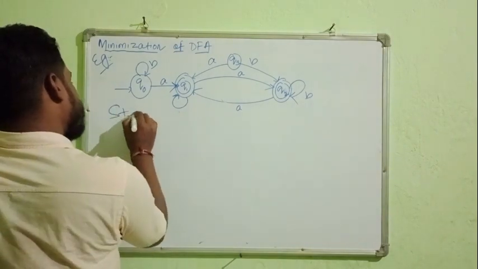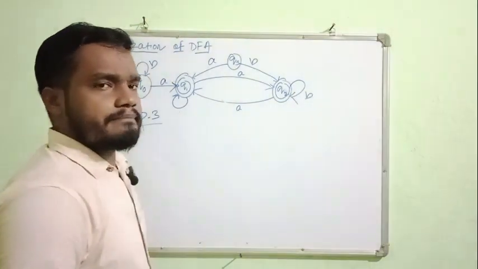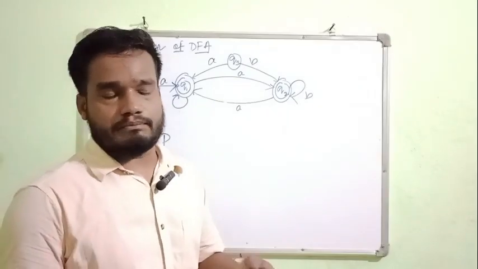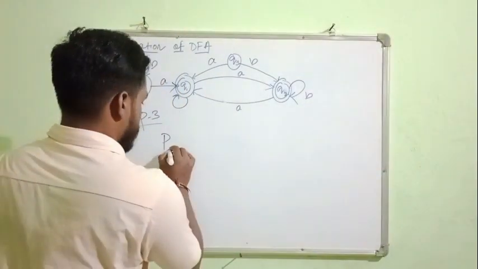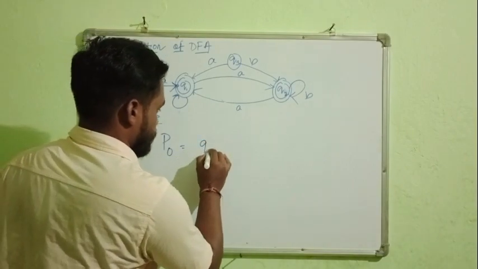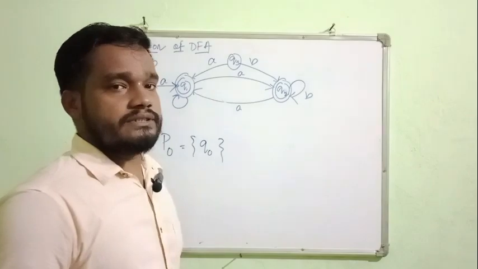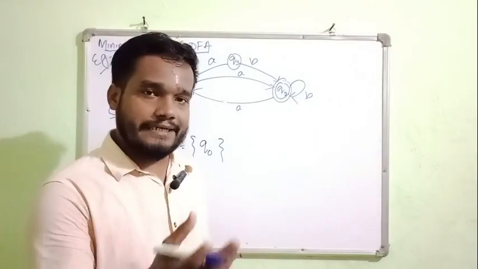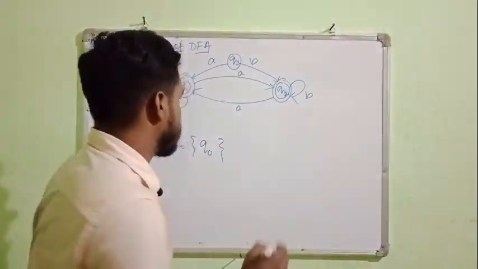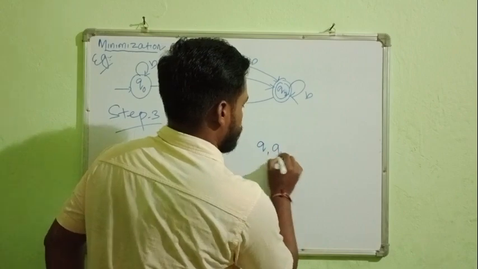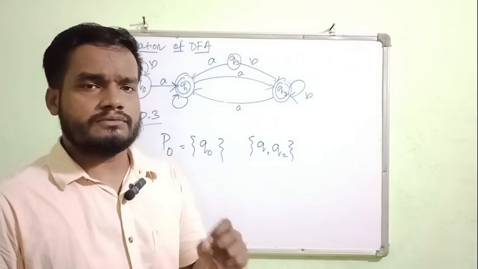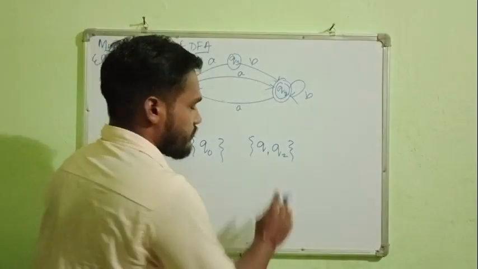In step number 3, we are partitioning into two groups, and a partition can be represented by P. So we take P0. The first group is Q0, and each group is enclosed in curly brackets. There are two final states, that is Q1, Q2. Each state should be situated in one group, so we got two groups.